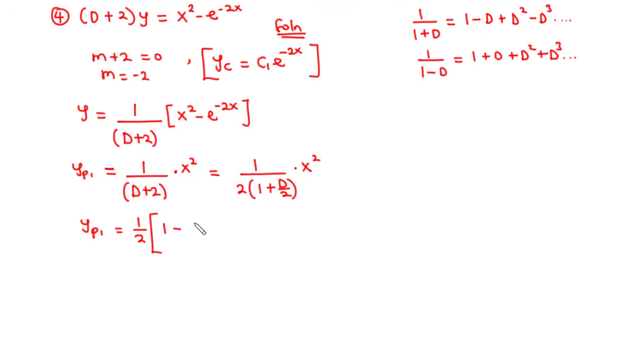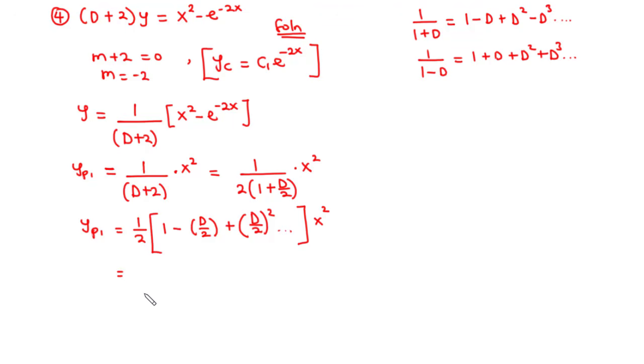So 1 minus d over 2, and then plus d squared, so d over 2 squared. Now the degree of the polynomial gives you the number of terms you are supposed to expand to. Since we have x to the power 2, we are going to end at this to the power 2. And then all times x squared.